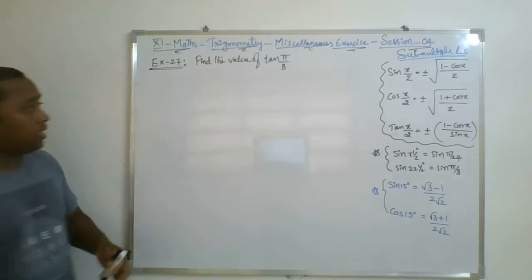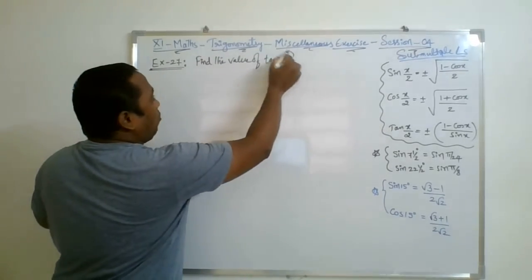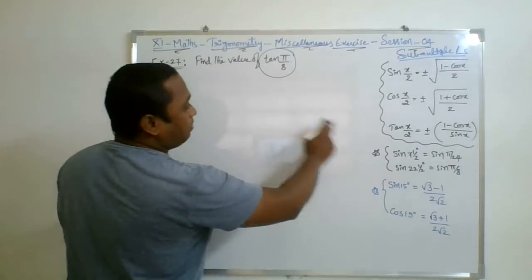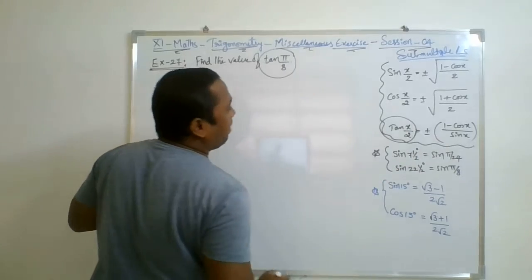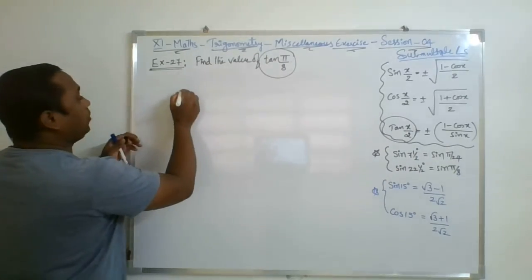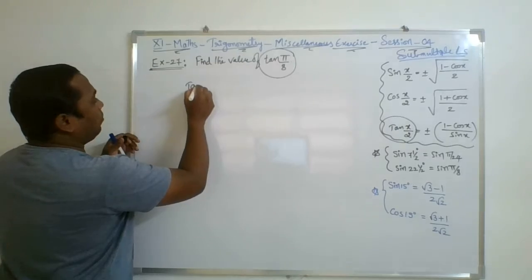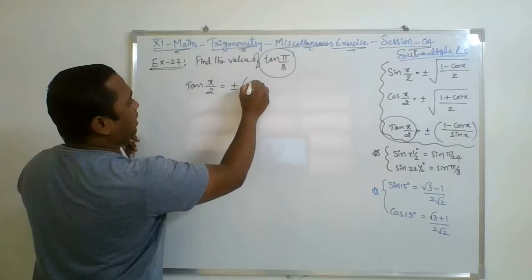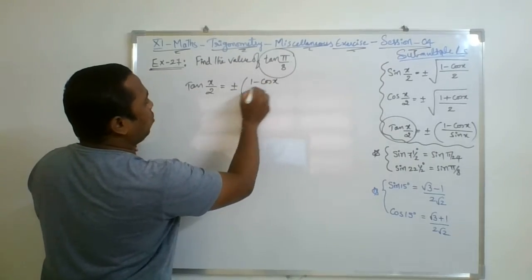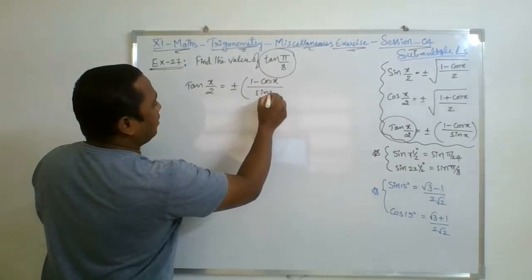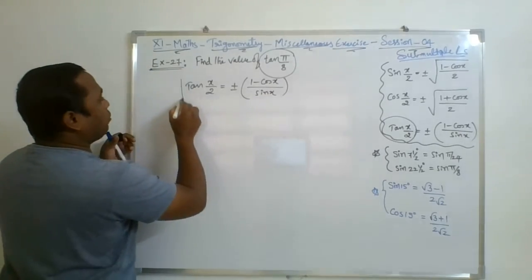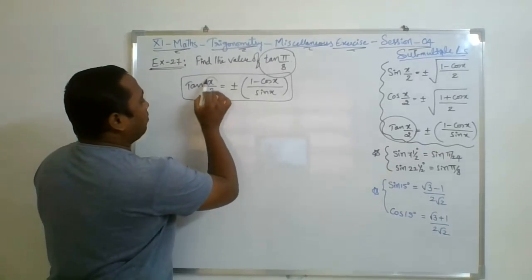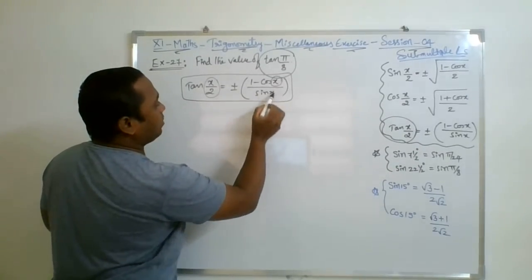I know it is basically half of pi by 4, so I'm directly using the tan x by 2 formula here. First I'm taking the formula: tan of x by 2 is equal to plus minus square root of (1 minus cos x) by sin x. The most important aspect of this formula is to focus on the angles.